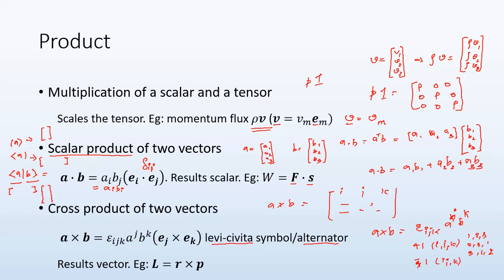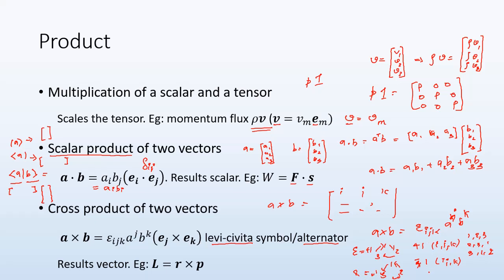You can see that 1, 2, 3, 2, 3, 1, 3, 1, 2 is in the clockwise order. If it is in the clockwise order, then epsilon ijk will give you plus 1. If it is in the anti-clockwise order, then epsilon will give you a negative 1.